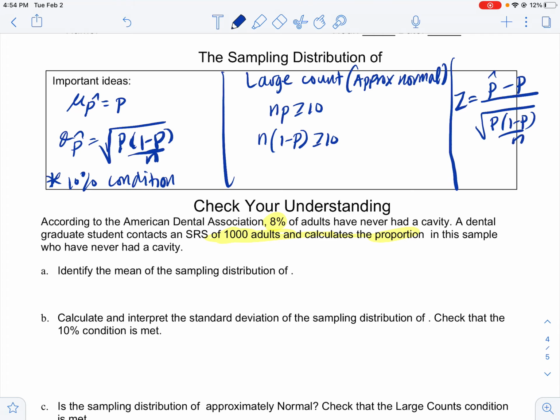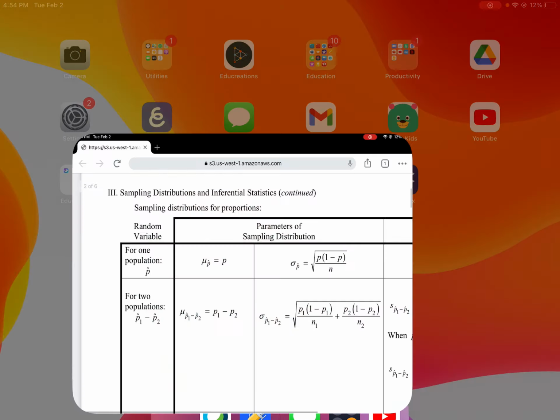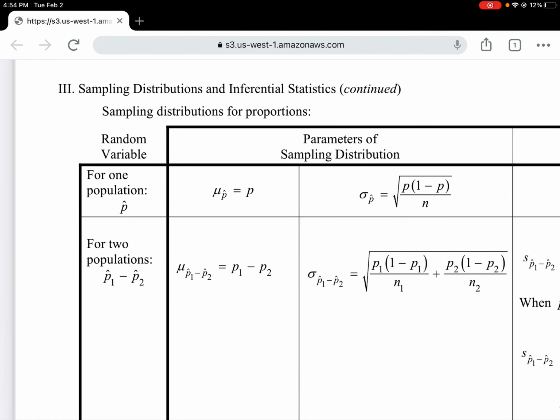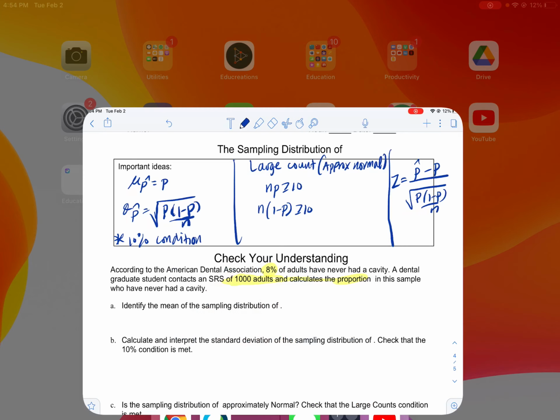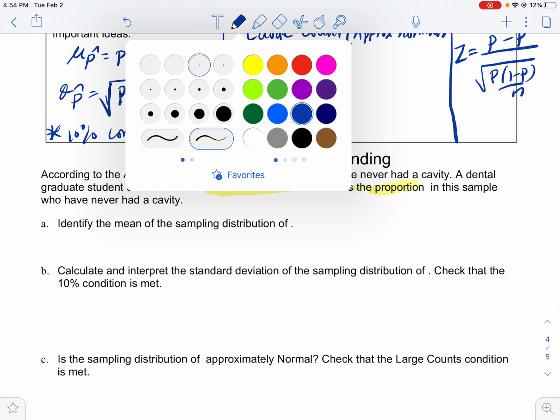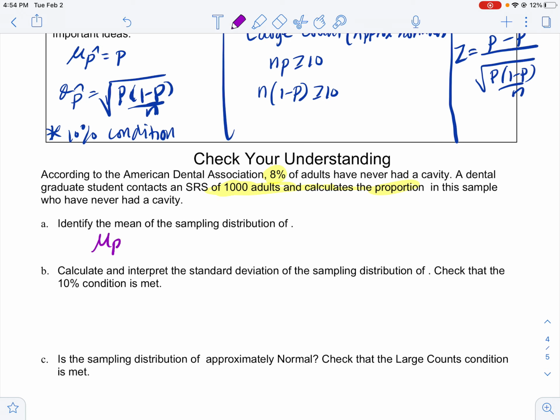So the mean, mu of p hat, is equal to p. Our p is 0.08, so our mean of p hat is also 0.08. I got that from the given 8%. 8% is 0.08.